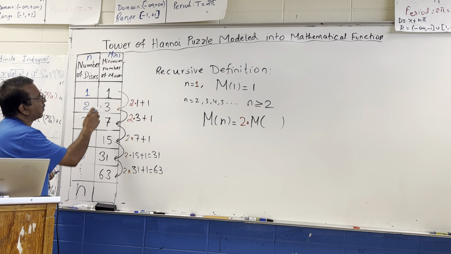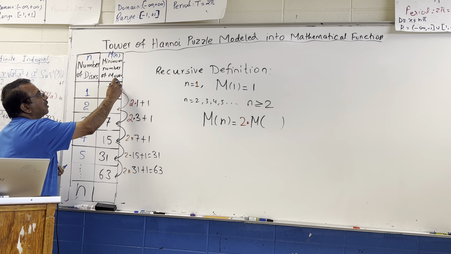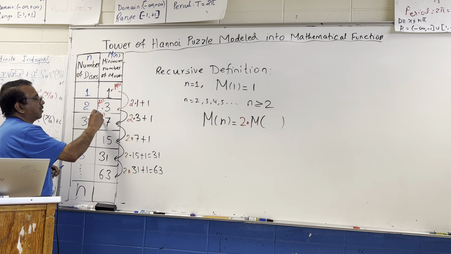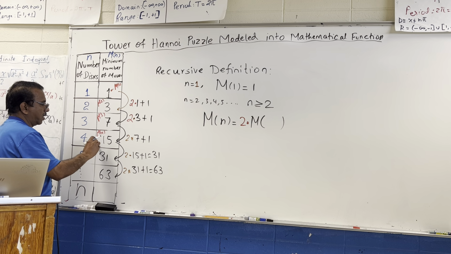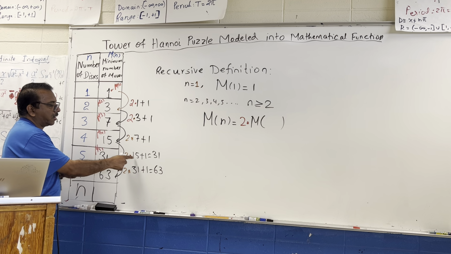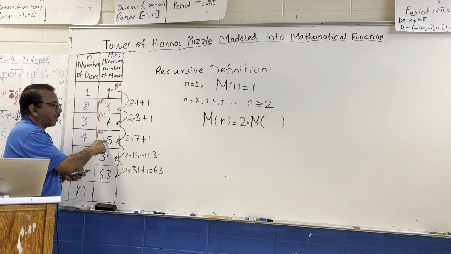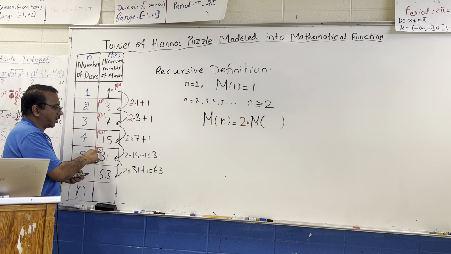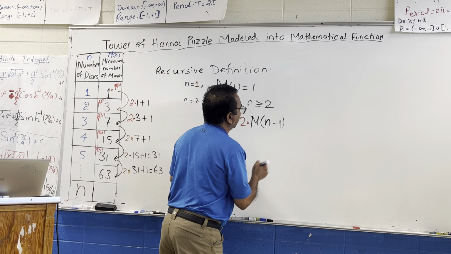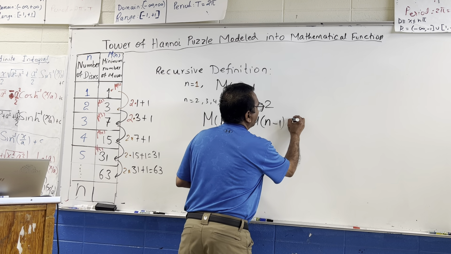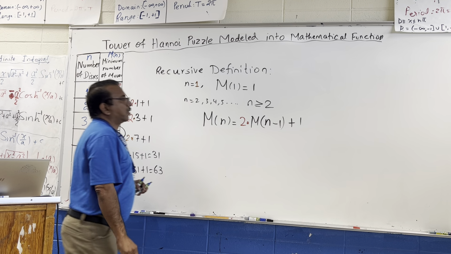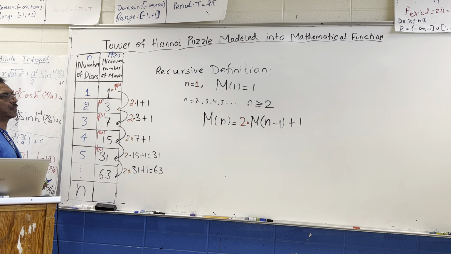That means this is m1, this is m2, this is m3, this is m4, and so on, right? So at any time, the number, let's say 31, is always based on the one before, n minus 1. If it is n, this is n minus 1, and plus 1, the very first one, you see that same thing? So plus 1. And that's it.